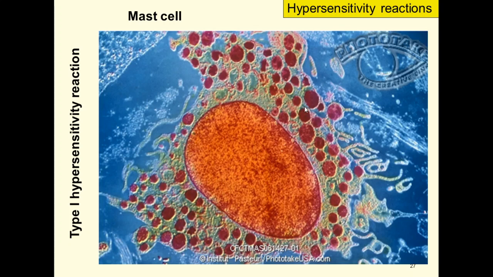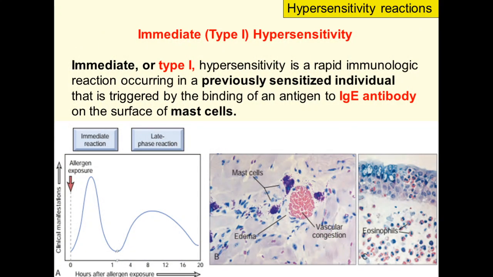Here we have granules of histamine. So the mast cell produces a lot of histamine. This is the main vasoactive amine, and this histamine leads to edema and vascular congestion.